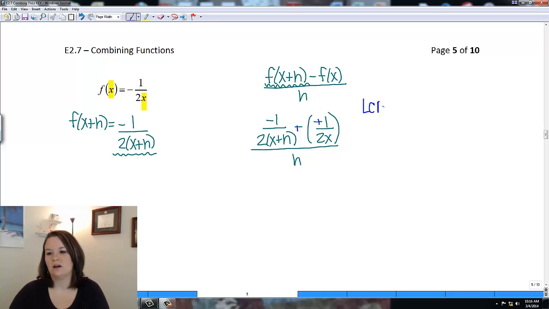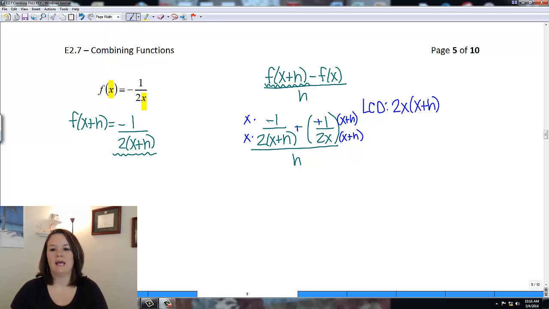So here my least common denominator is going to be 2x times x plus h, which means my first term I need to multiply on top and bottom by x. Okay, my next term I would need to multiply on top and bottom by x plus h. Okay, so I'm going to rewrite what my terms look like.